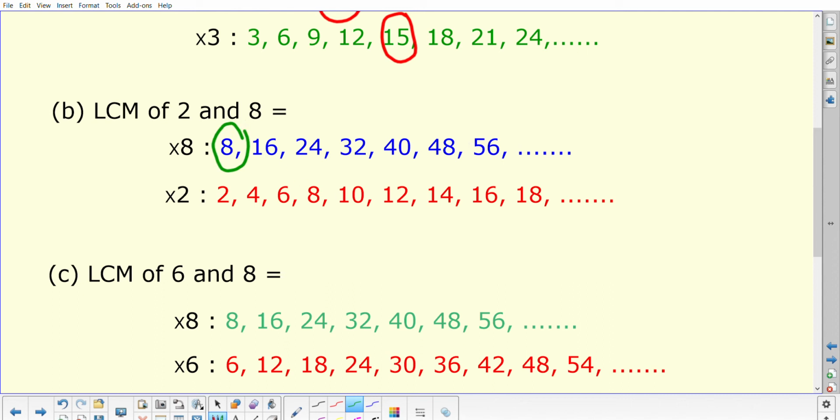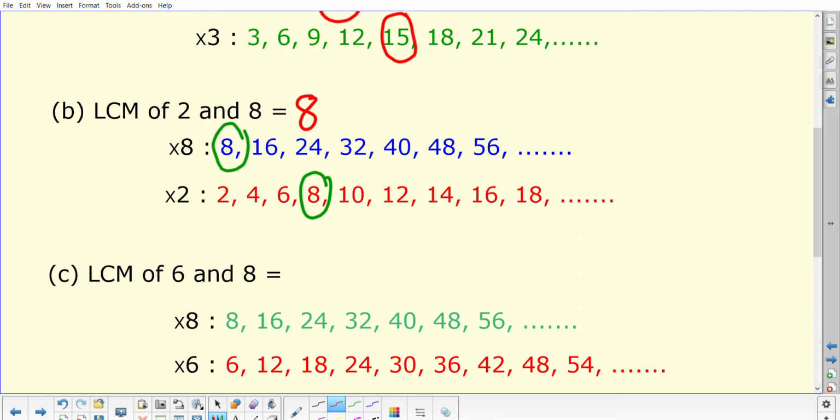So I didn't necessarily need to write all those out. It's quite possible that you can think through that in your head: the first number that's in the 2 times table and in the 8 times table is the number 8.